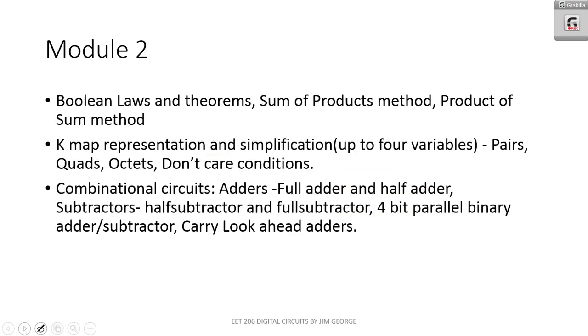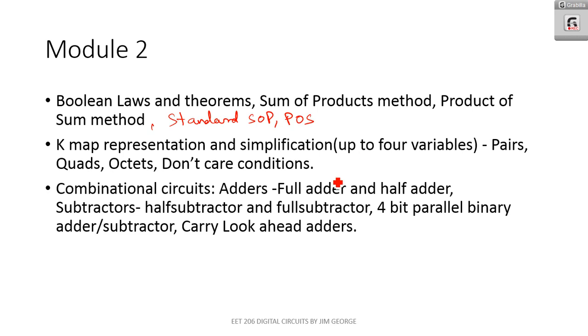Now in module 2 we will go deeper into the subject. What are the Boolean laws you need to study? Here we have SOP and POS forms, sum of products and product of sums, and again standard SOP and standard POS forms.